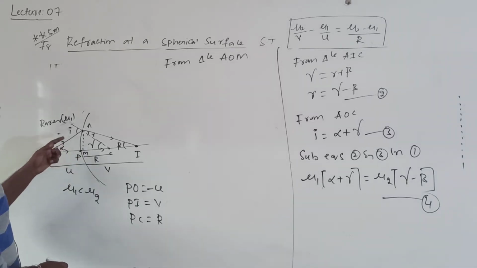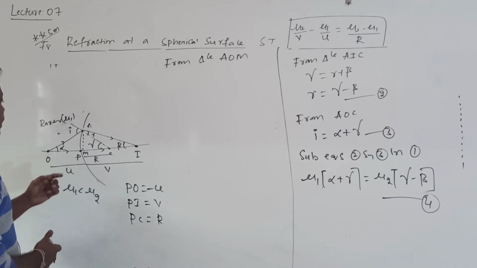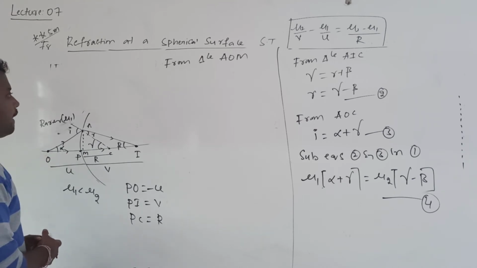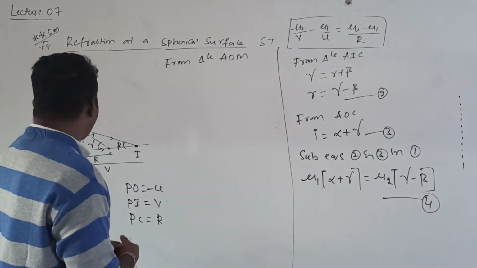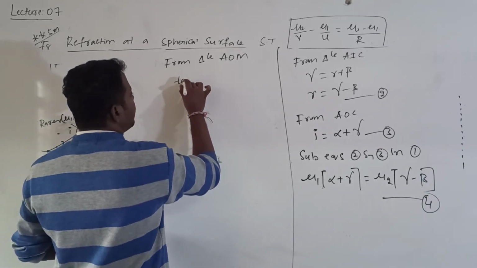It is a right angle triangle, so this will be the hypotenuse, this the opposite side and this the adjacent side. Correct? So from the triangle AOM, what is the value of tan alpha?